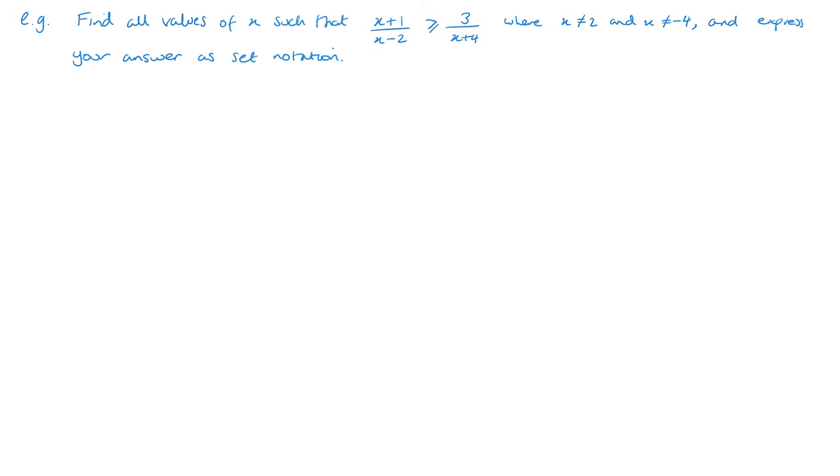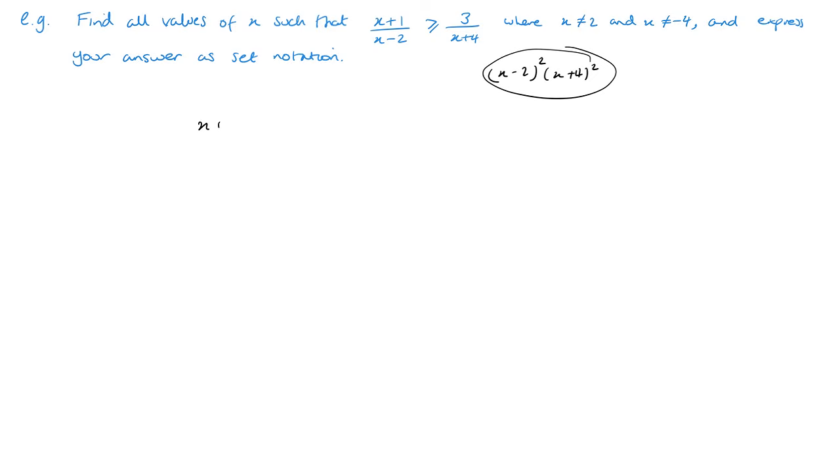So in this example, I've got two algebraic fractions in terms of my inequalities. So this time I need to multiply by x minus 2 squared and x plus 4 squared. So we're going to multiply by them both.